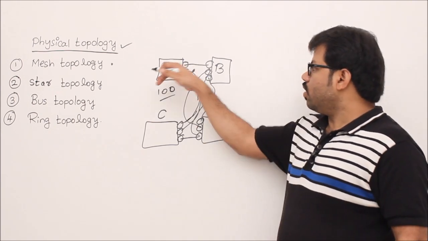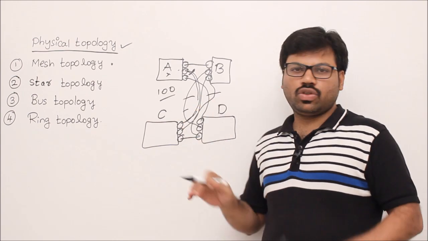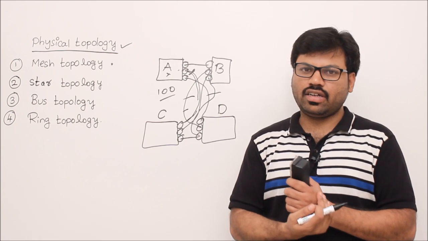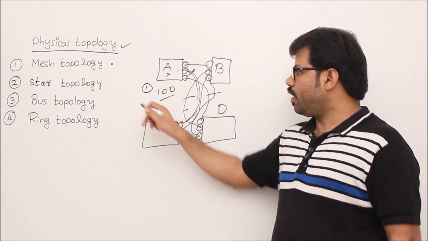That means this system is robust, and even if you lose a lot of connections, through some other part of the communication path we can send the messages. So this is one advantage: reliable and robust.